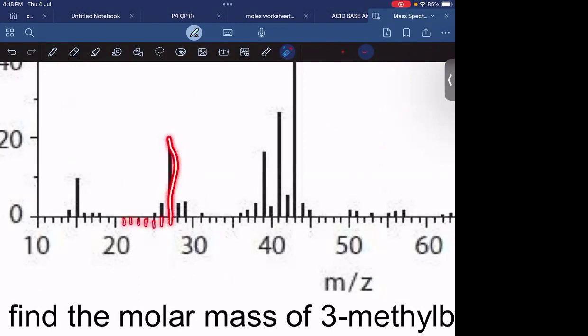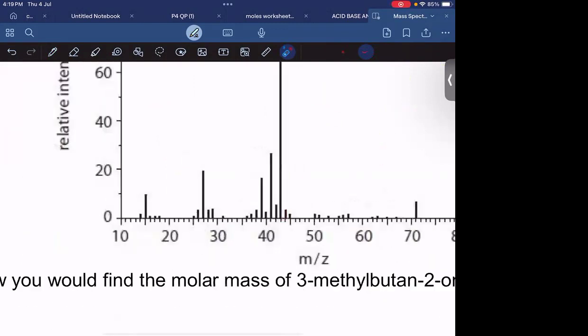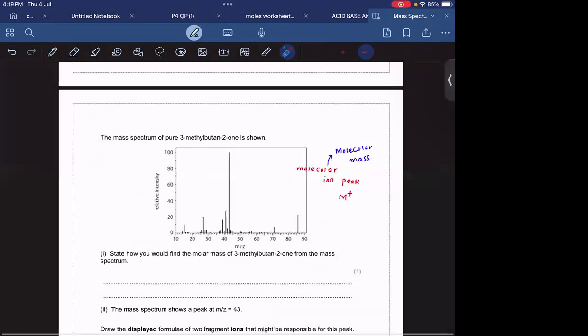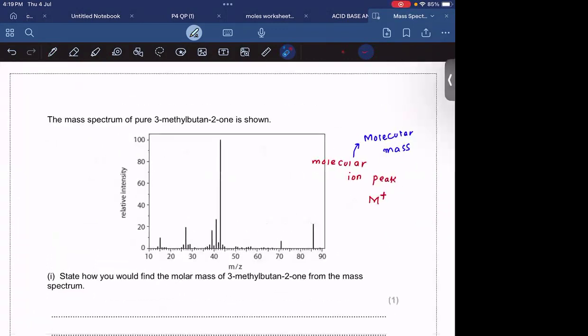So this peak is 27. And then if you count, this is 40, 41, 42, 43. So this peak is 43. In this way, you can determine which peak has the highest molecular mass.